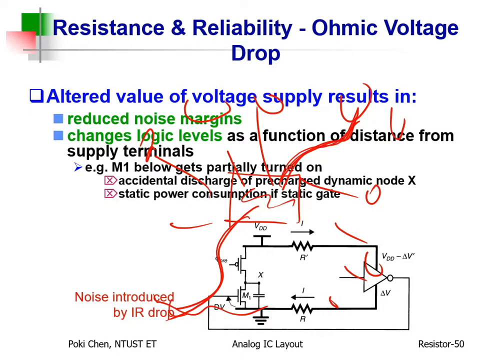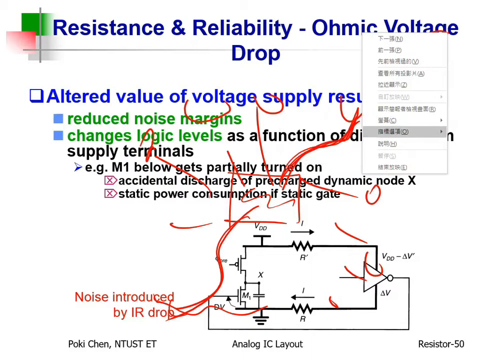They need to route a long way for you. Okay? It will induce a lot of parasitic resistance, in addition to the bonding wires. Think about it. So it really means what?